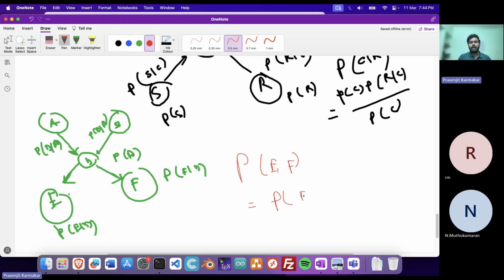Probability of E given D, probability of F given D, and then probability of D. Okay.